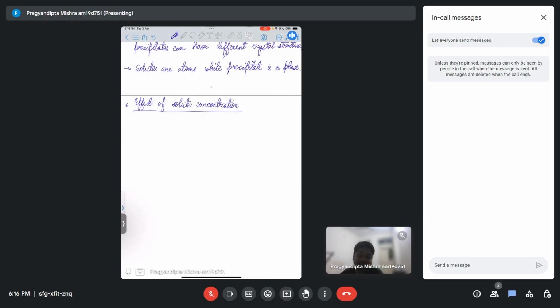Let's understand it with a stress strain curve. So let's draw this. Stress versus strain.